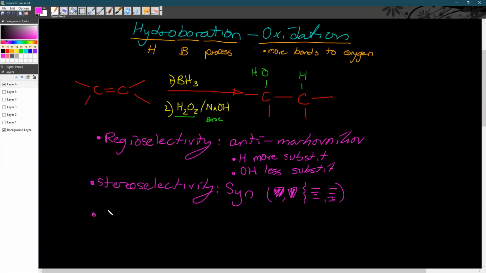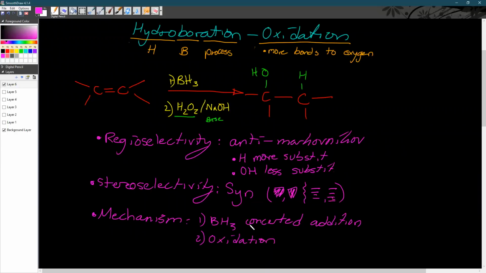Our mechanism here is in 2 steps. The first step is this borane concerted addition. And the second step is an oxidation. All right. And then finally, our product here is an alcohol.